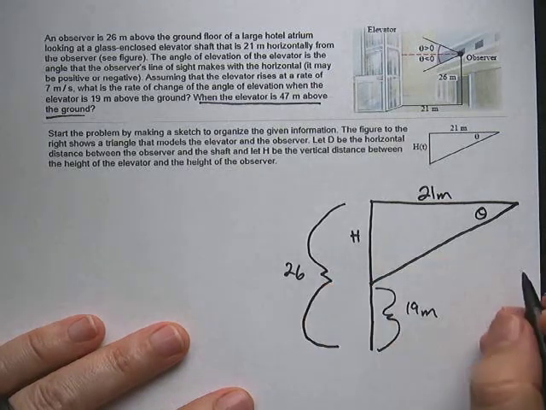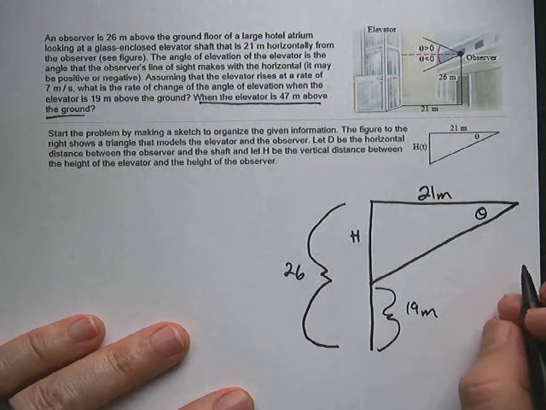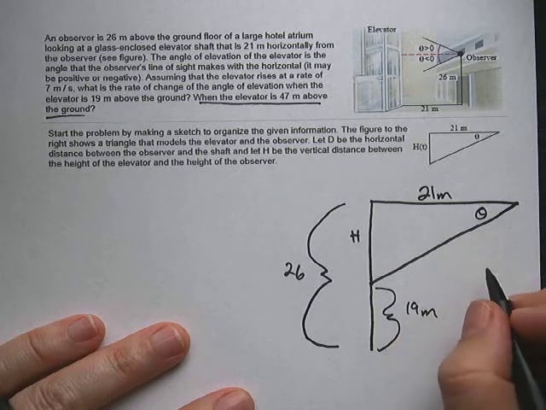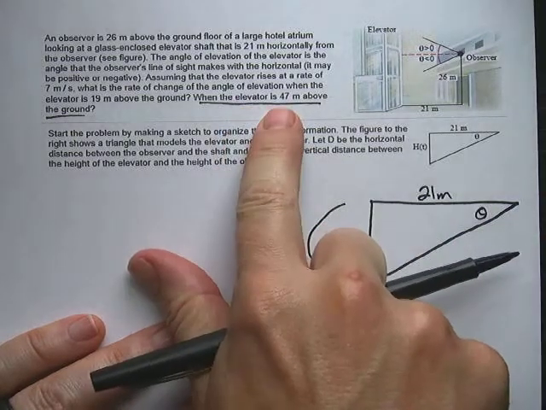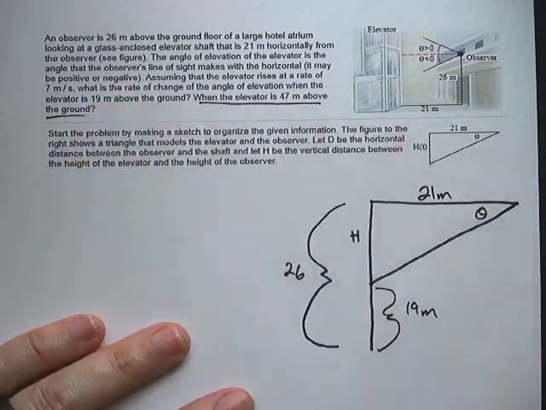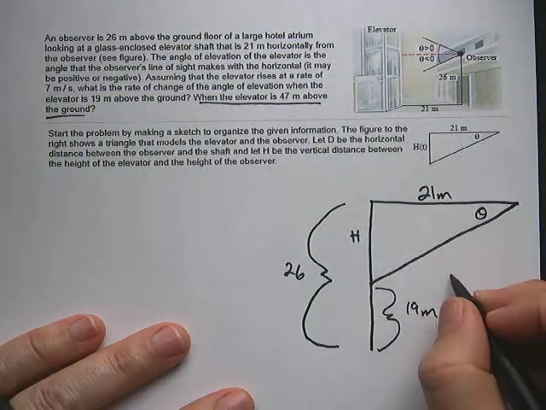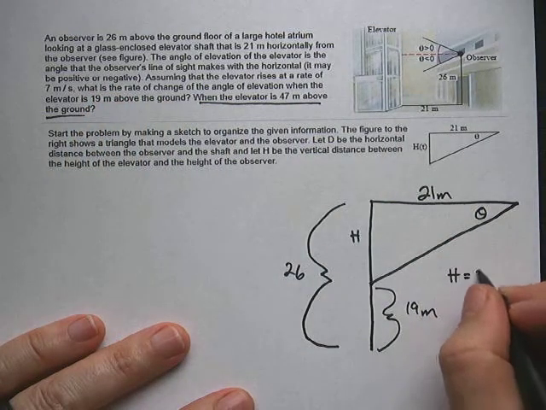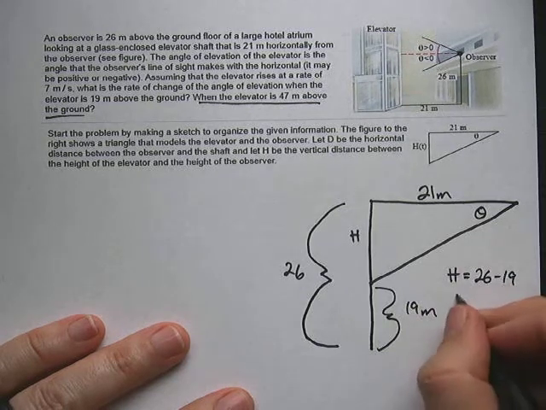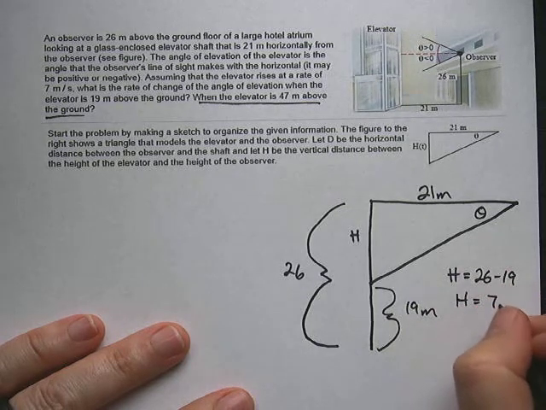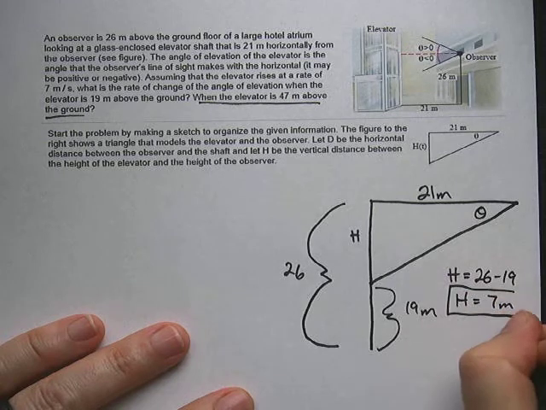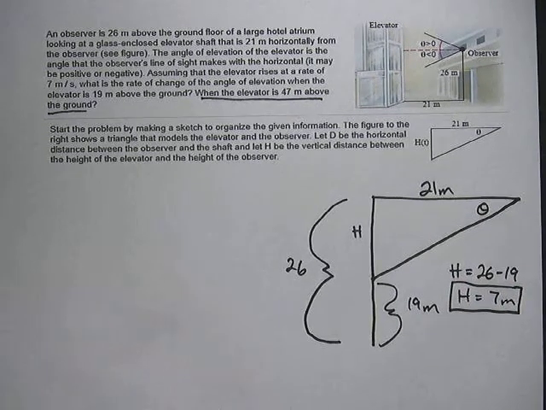Based on that, we can figure out what H is. In this one, when the elevator is 19, we can say H is equal to 26 minus 19, so H is equal to 7 meters. That's pretty important. We'll have to use that later.